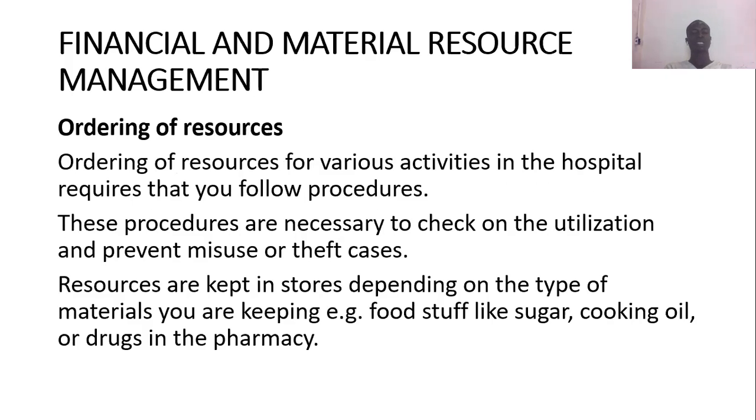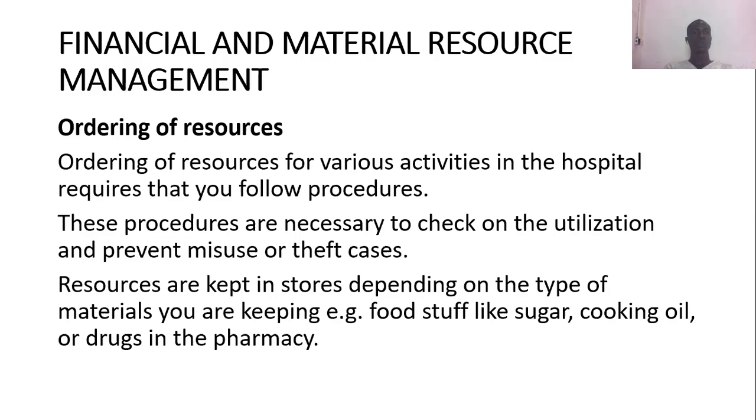For example, we'll start with ordering of resources. Every facility will order resources. Ordering of resources for various activities also requires that you follow procedures. These procedures are necessary to check the utilization and prevent misuse or theft. So when it comes to ordering drugs, for example, you follow a procedure.